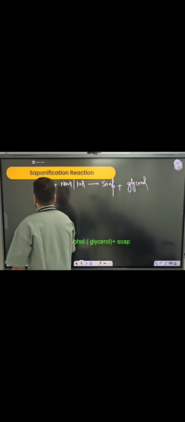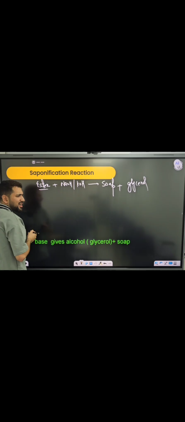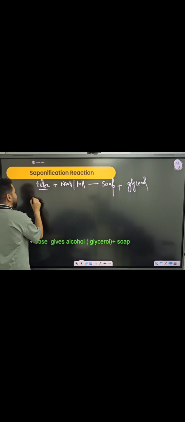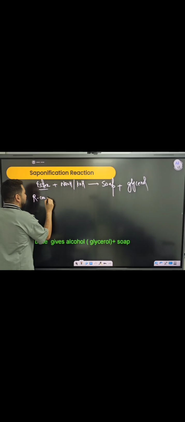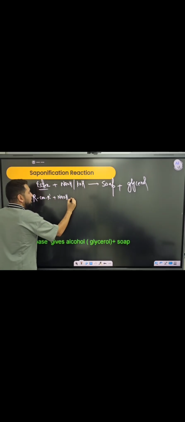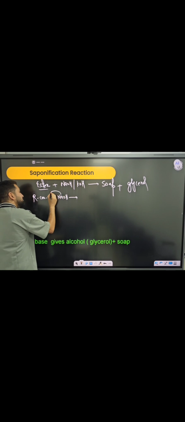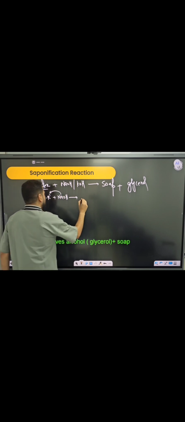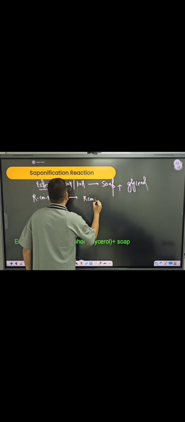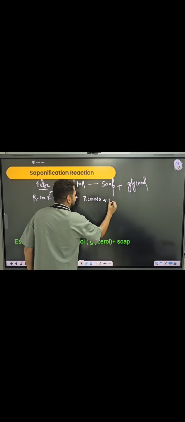So how exactly? Take the general ester, guys. We know that the general ester is RCOOR', right? When I do its reaction with NaOH, for example, or KOH, this Na will displace R', right? So it will lead to the formation of RCOONa plus R'OH.